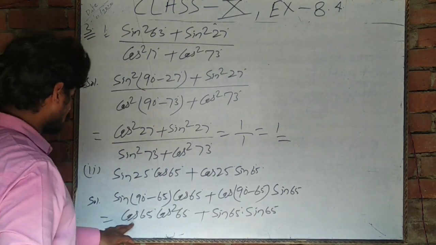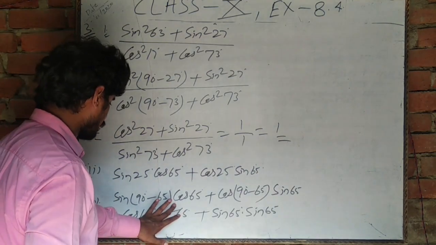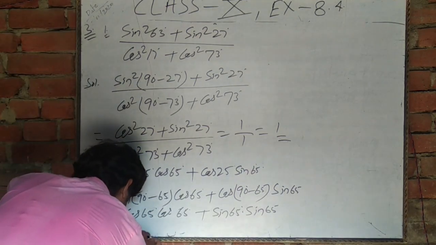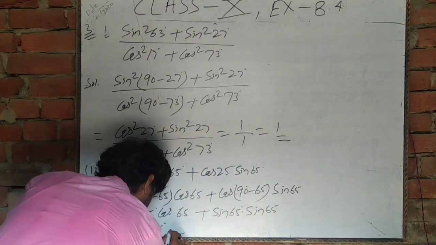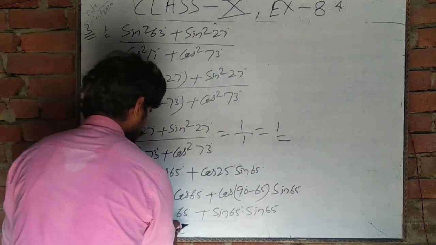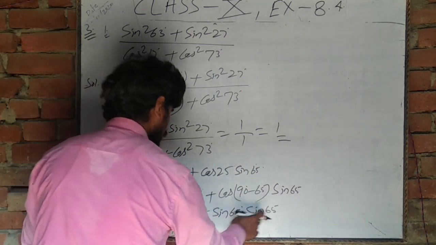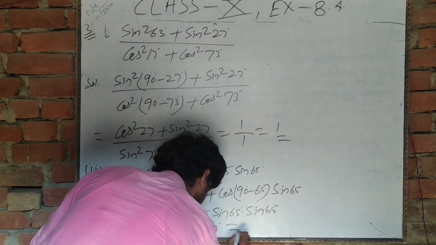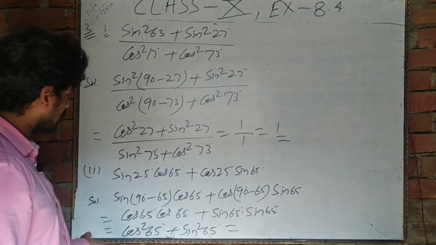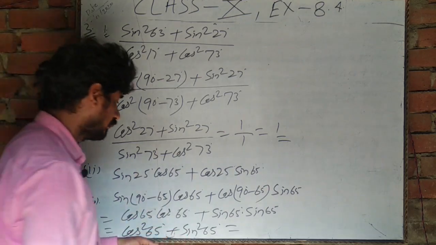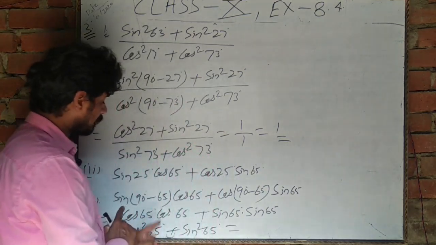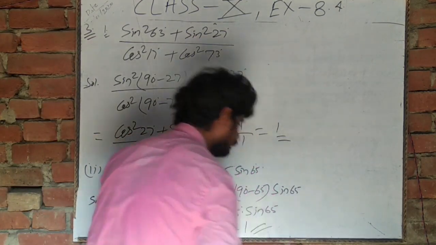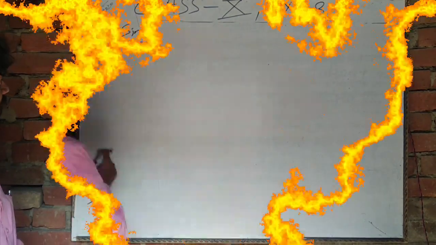Here cos 65 into cos 65 is equal to cos square 65 degree plus sin 65 into sin 65 means sin square 65 degree. We have idea sin square theta plus cos square theta is equal to 1. So cos square 65 plus sin square 65 is equal to 1. It's our answer.